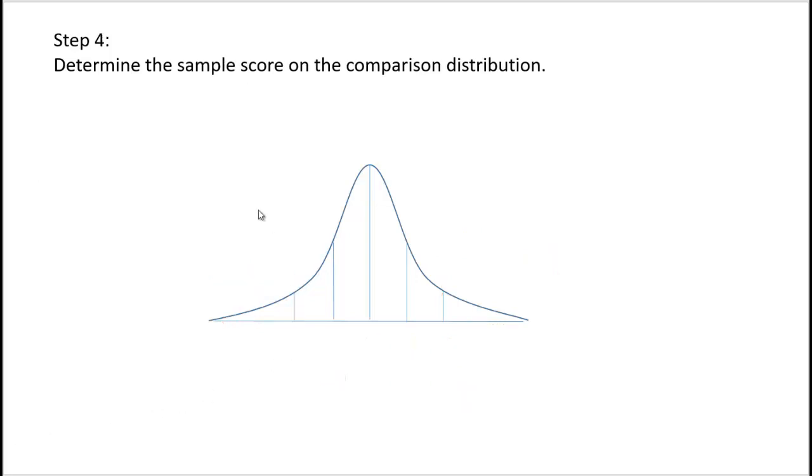So again, our comparison distribution looks like this. And our cutoff zones are in this area, -1.96 and positive 1.96. We need to determine the sample score on the comparison distribution. And we do that by using that same z-score formula.